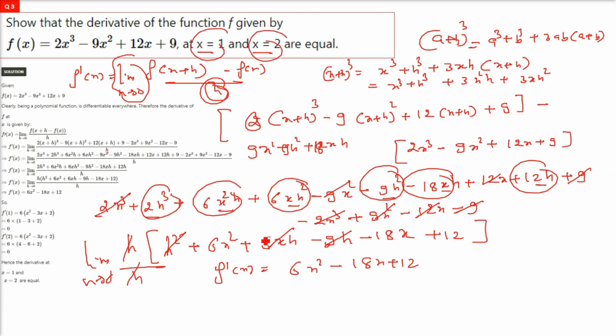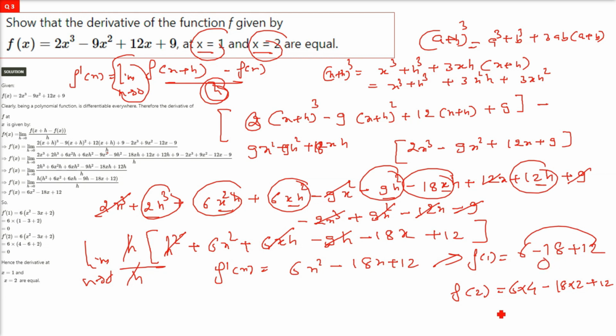Now the question is saying that at x equals 1 and x equals 2, you are going to get the same value. So let us put it. f dash 1: 6 into 1 square, that is 6, minus 18 plus 12. f dash 2 is what? 6 into 2 square, that is 4, so 24, minus 18 into 2, that is 36, plus 12. 6 plus 12 is 18, 18 minus 18 is 0. 24 plus 12 is 36, 36 minus 36 is 0.